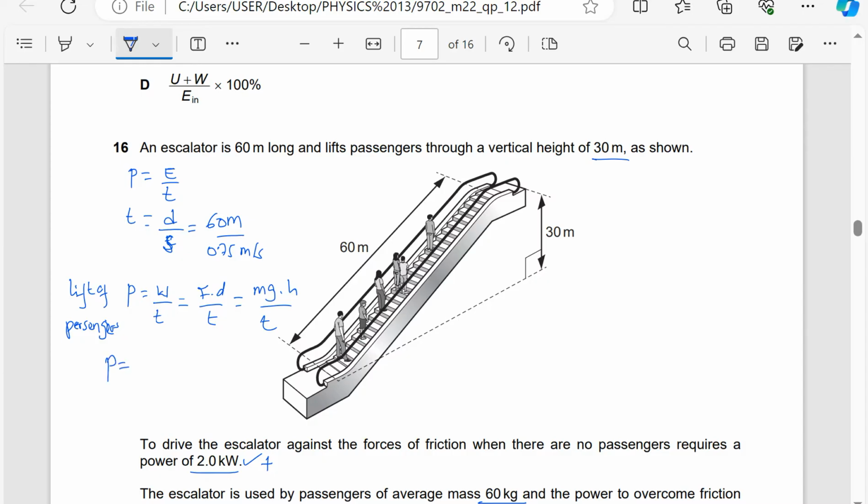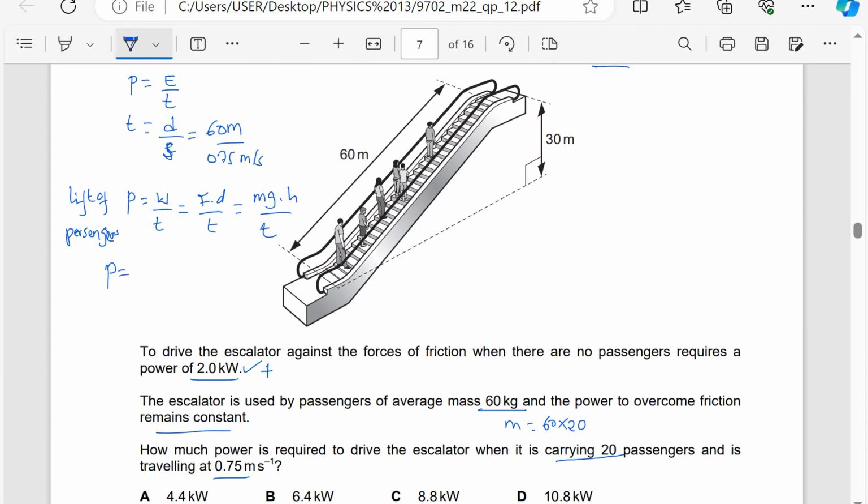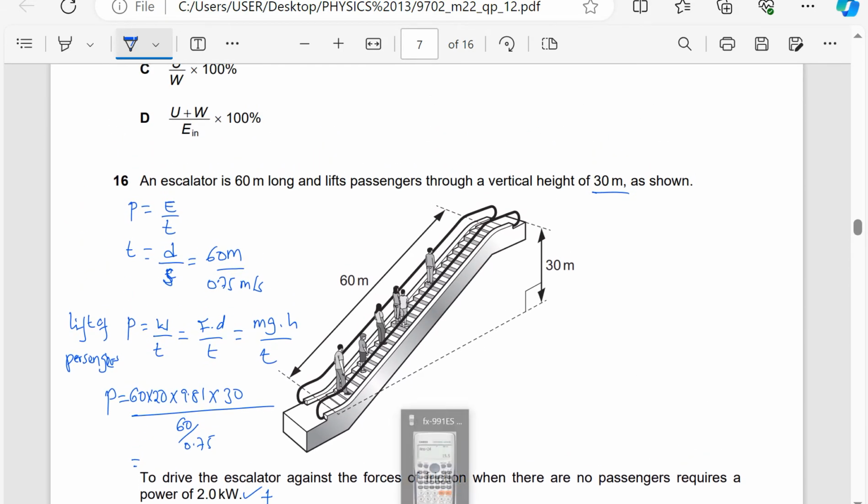So the power here is going to be the mass, total mass is 60 times 20, times g, which is 9.81, times the vertical distance, which is 30, divided by the time. Remember the time is 60 divided by 0.75. So it means the lifting power is going to be that. I'll just press my calculator.